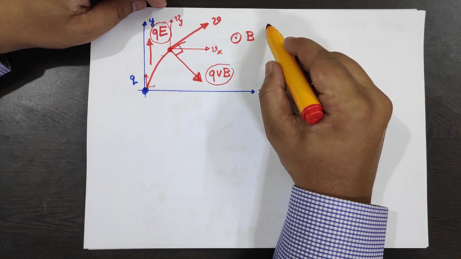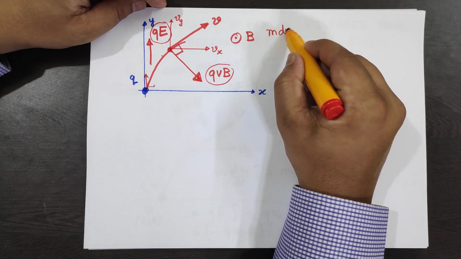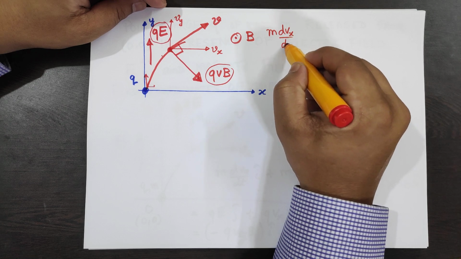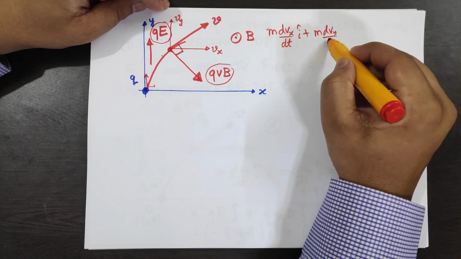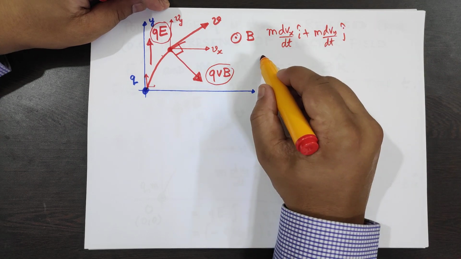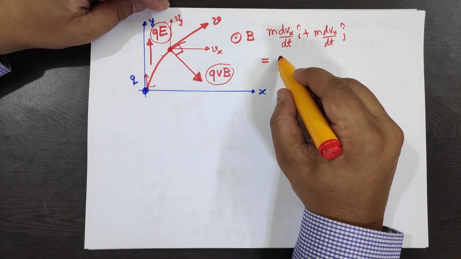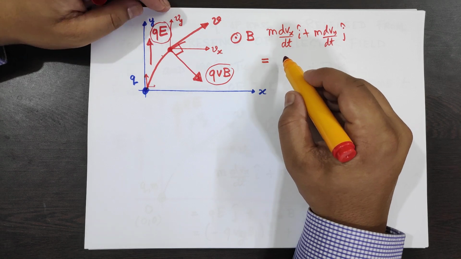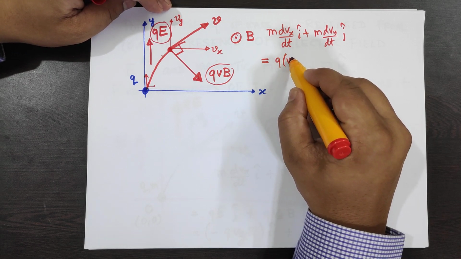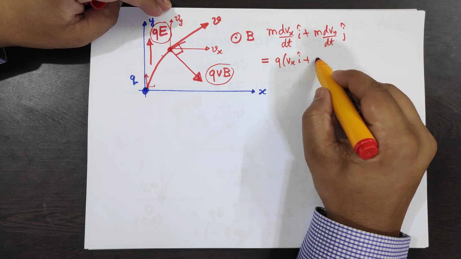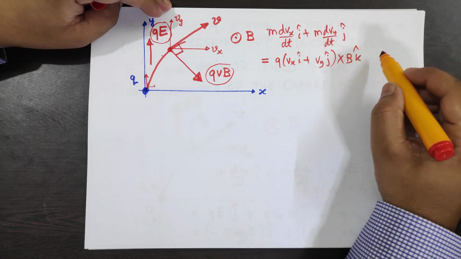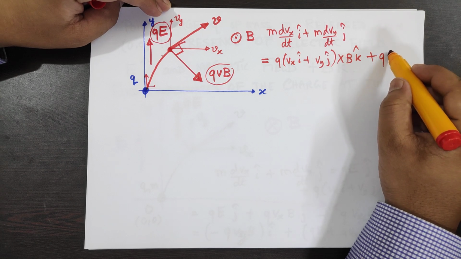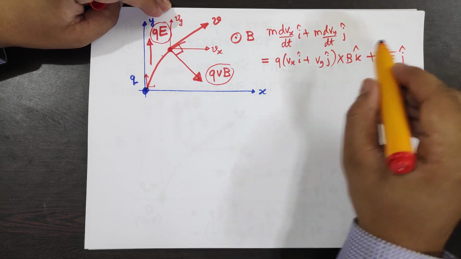So we can write Newton's law: m dVx/dt times i cap plus m dVy/dt times j cap is equal to this. First let us write the magnetic force. So that's q (Vx i plus Vy j) cross B k cap plus the electric force qE times j cap.